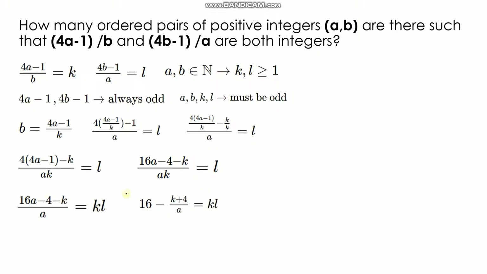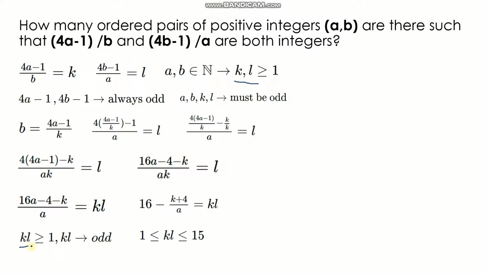We transfer k to the right-hand side and divide each term by a, becoming 16 − (k + 4/a) equals kL. From the first part of our solution, k and L are always greater than or equal to 1.